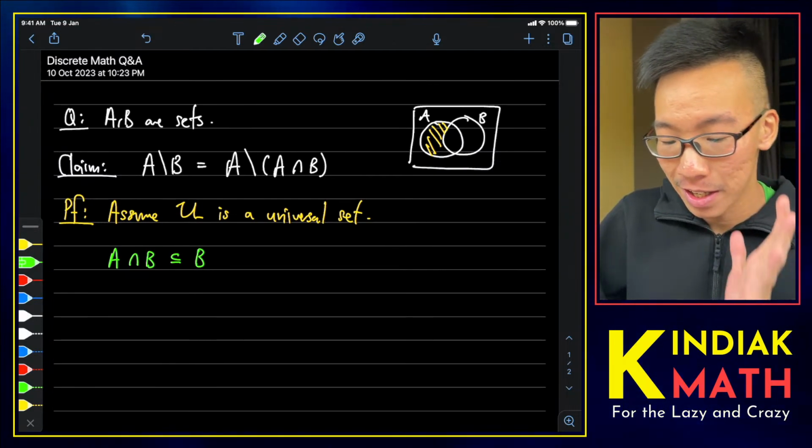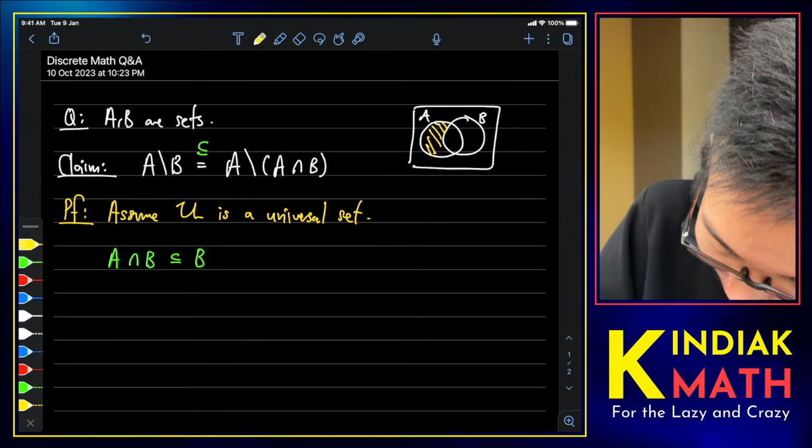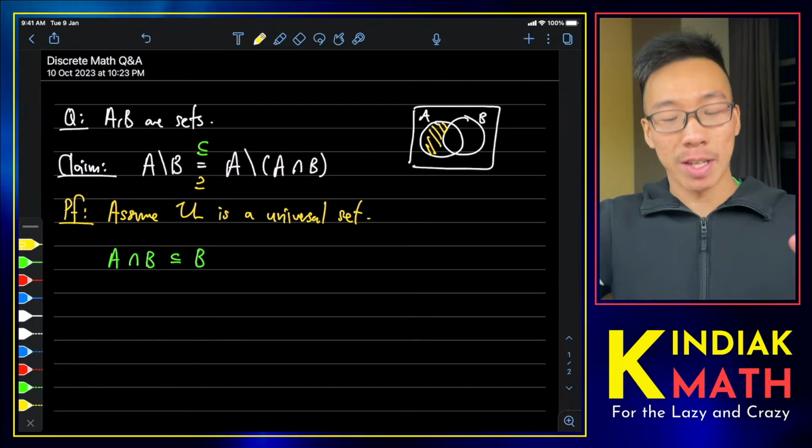We need to show two-way subset inclusion.